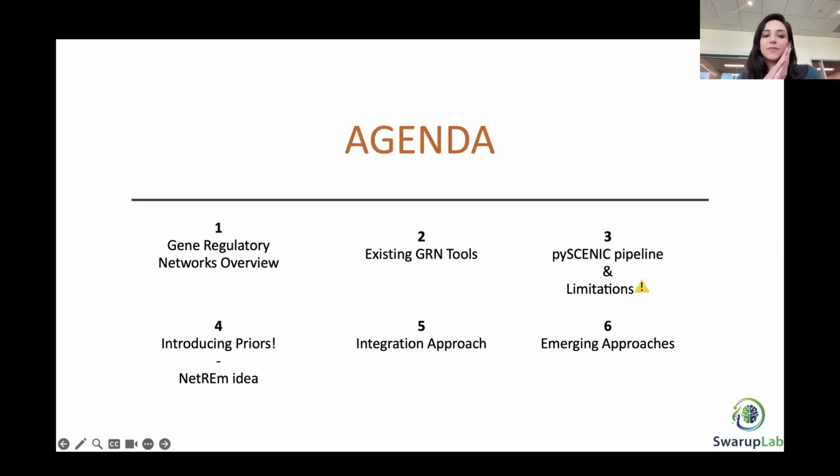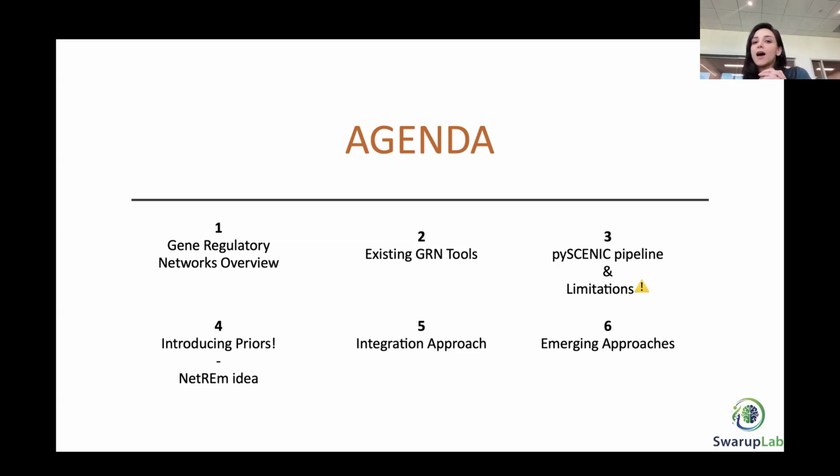So the overall theme of this talk will be in 6 steps. First, I'm going to talk a little bit of the overview of what we mean by GRNs, and then what the existing GRN tools are. Then I really enjoyed using pySCENIC because it was very fast and easy and straightforward, but there are some limitations to using pySCENIC.